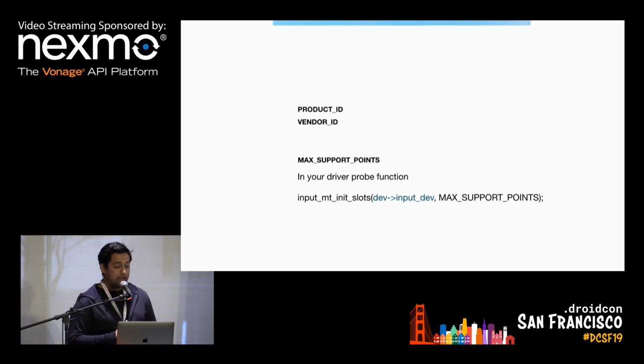These are important. I also had to modify the maximum number of supported points in the device driver. In this case it was a single point, but the touch frame that we had has 32 touch point support, so we added that.